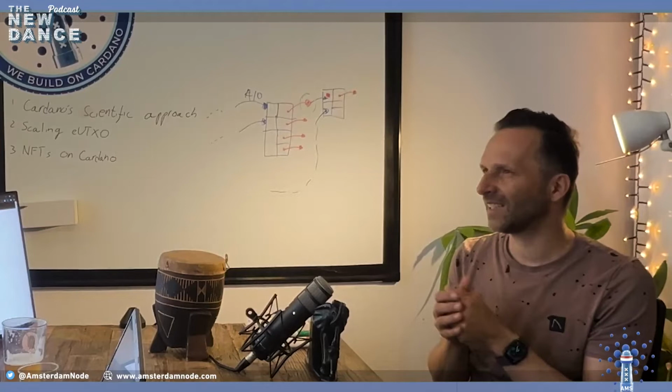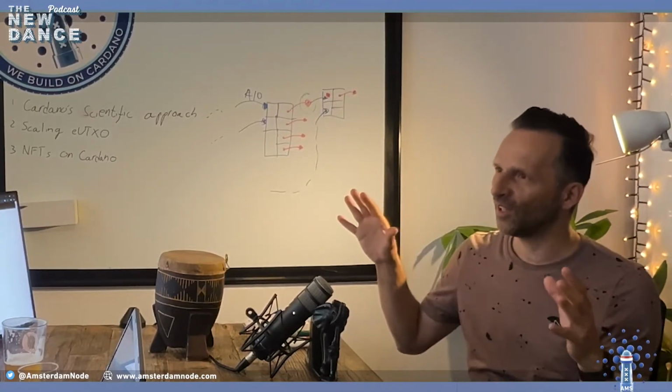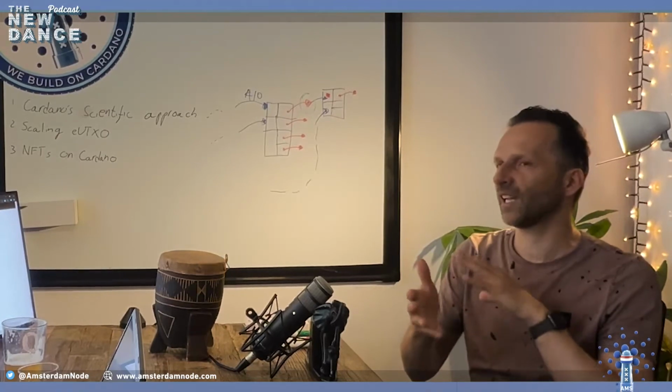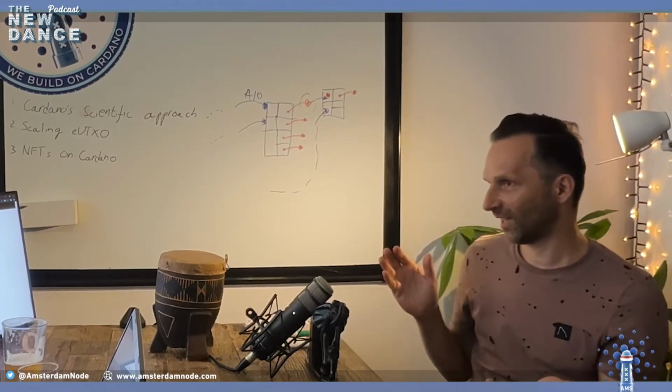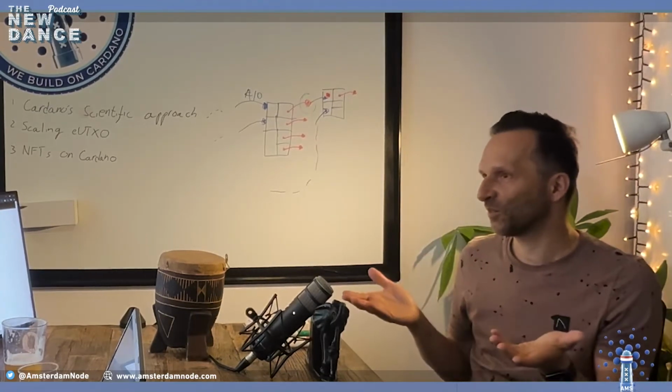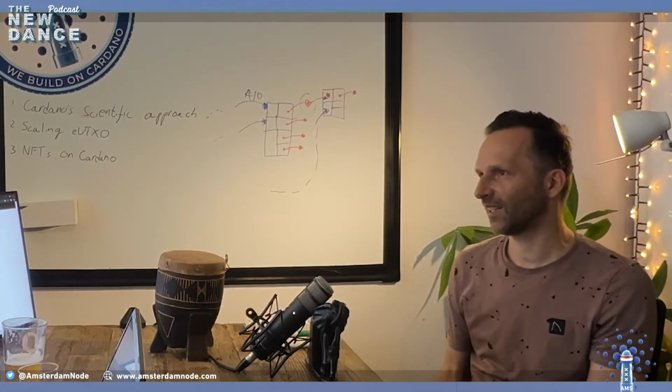I can say, okay, this contract is governed by these tokens, and now I create shareholders for this contract by distributing tokens to people. So once you make tokens so cheap that you just create them whenever you need them, new ones, and also NFTs, then you can suddenly create a whole economy of trading of contracts and contract access and governance using NFTs. And that's something which I think is completely unique to Cardano.